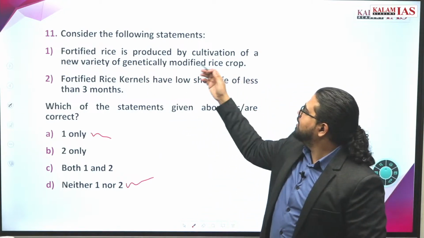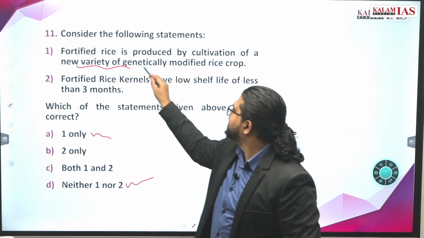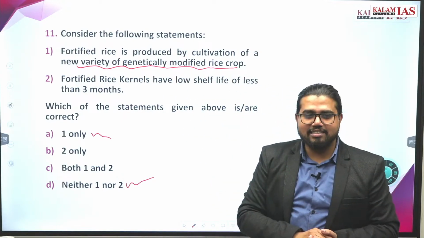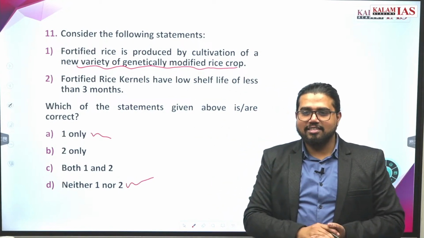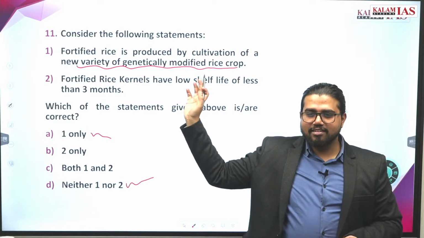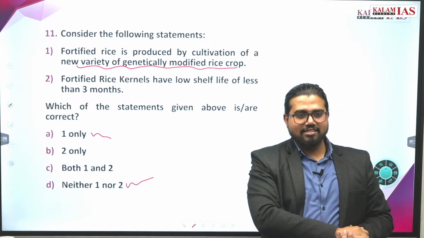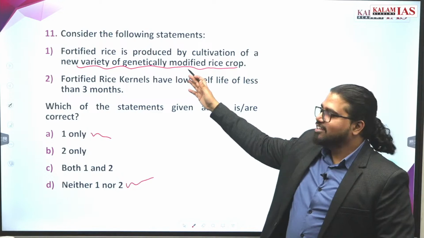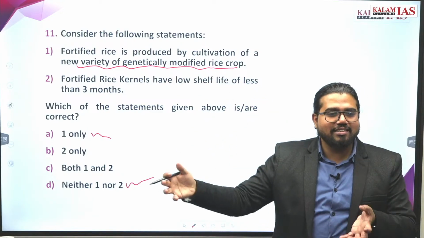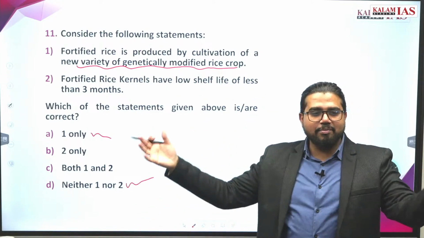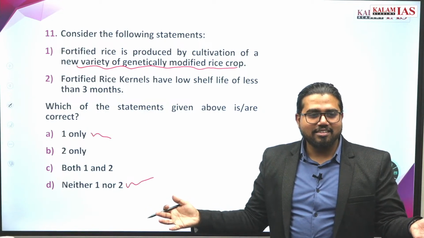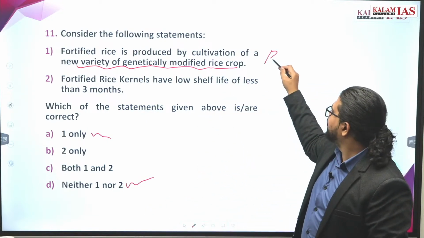Fortified rice is produced by cultivation of a new variety of genetically modified rice. Correct or wrong? How can it be correct? If a genetically modified crop is introduced in India, it becomes very big news. We have BT cotton.